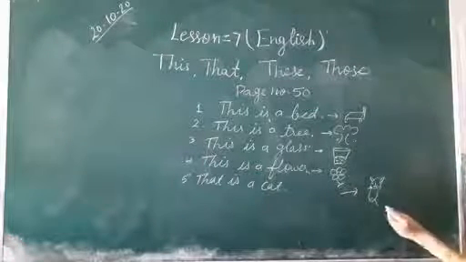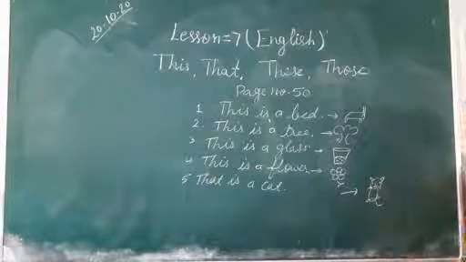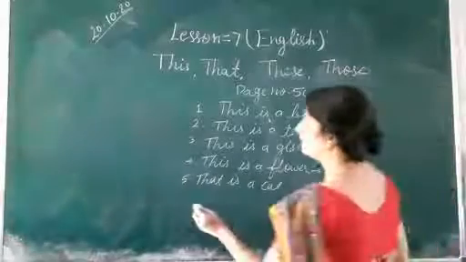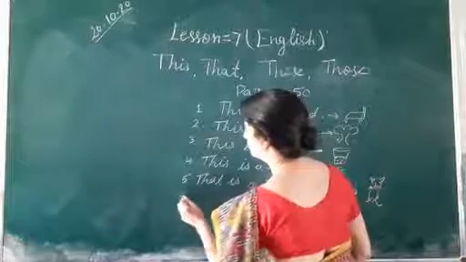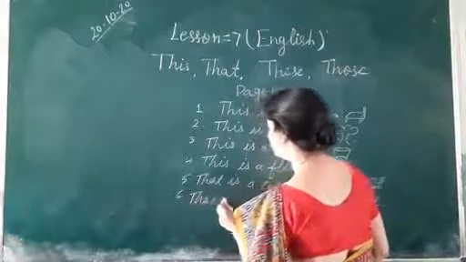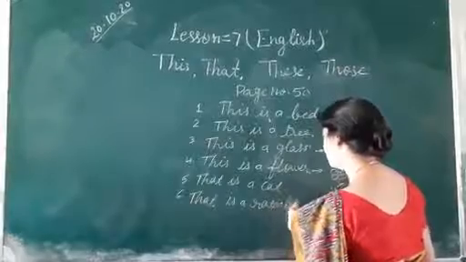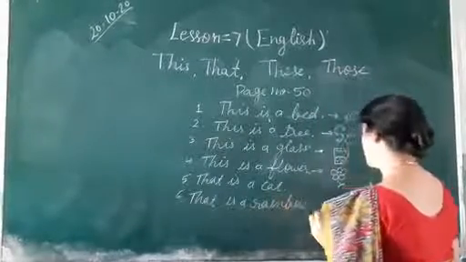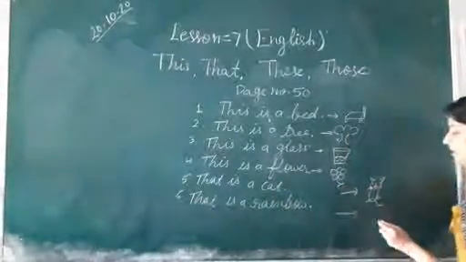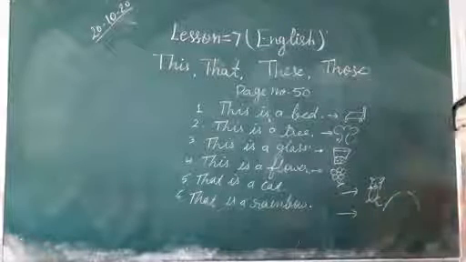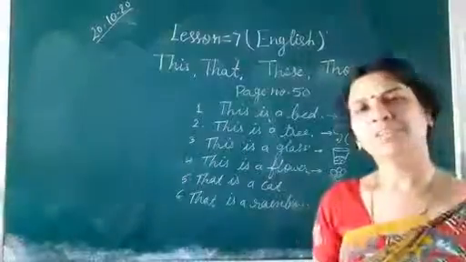That is a rainbow. Far. It is also far. That is a rainbow. How many colors in a rainbow do you know?